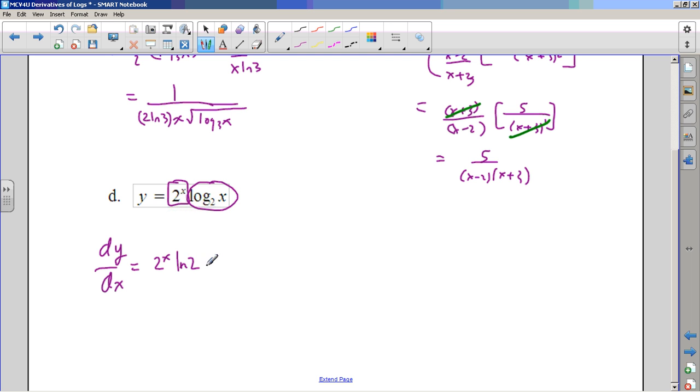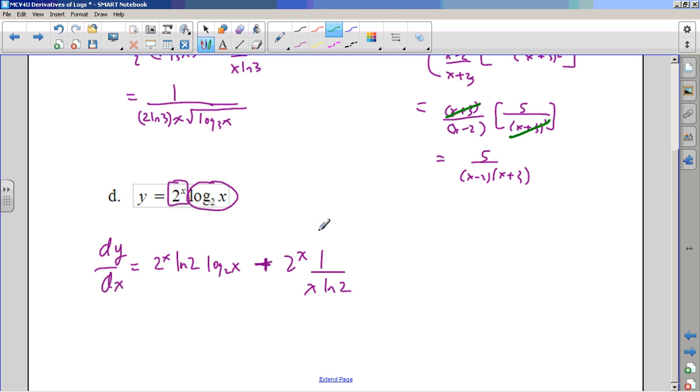And then write down the second thing, plus, because it's a product rule, write down the first thing, derivative of the second thing. The derivative of the second thing is 1 over x, but remember 1 over x, and then the fudge factor. The fudge factor, so it's not quite the natural log.